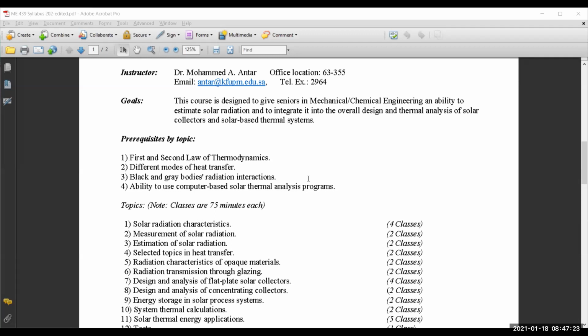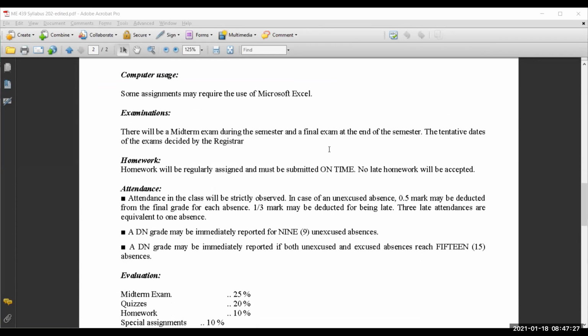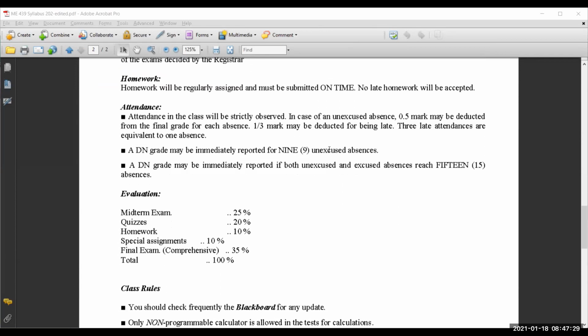Now the regulations are clear from the university that it's got to be a single midterm and a final exam. Maybe if you wish, we can reduce the midterm to something like 20% and move the 5% into the special assignment. So if it's fine with every one of you, then that should be okay.